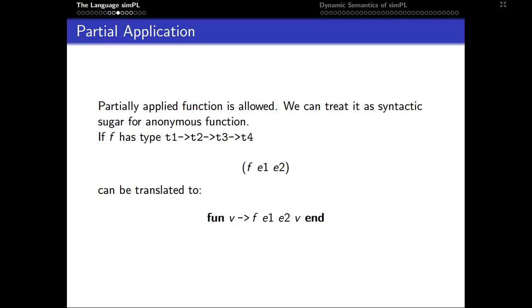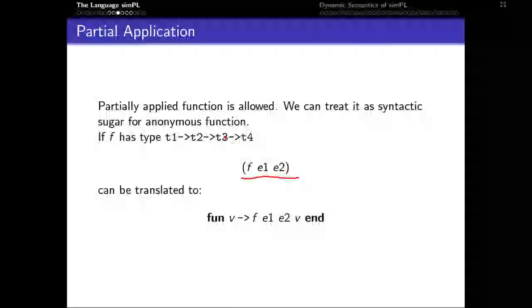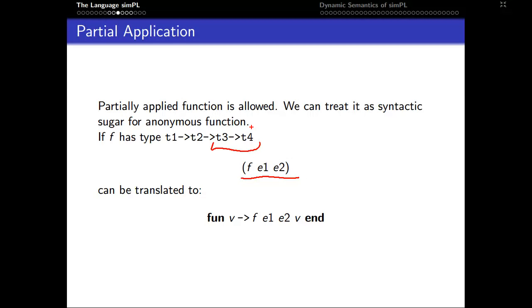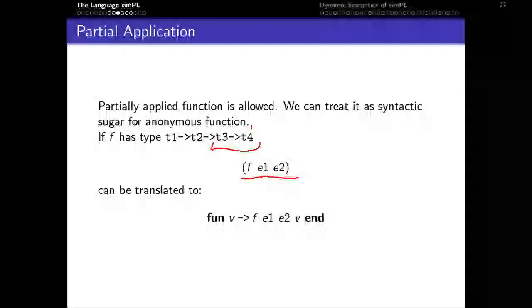So if I apply a function only to 2 arguments, I should get a function that is ready to accept the remaining arguments. So an expression like this should return this type, and we can easily perform this translation.